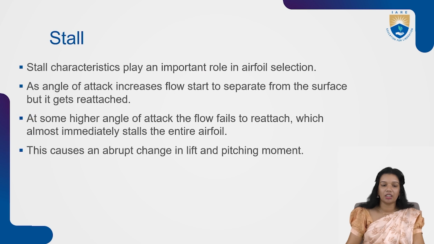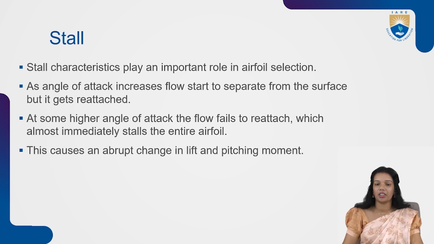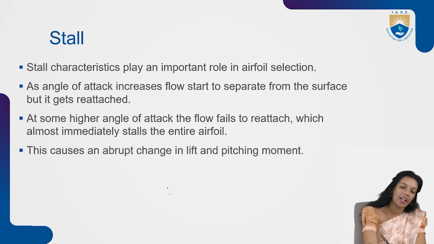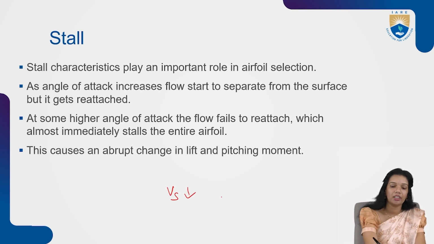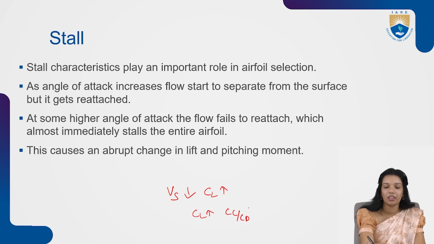Then stall, right? Stall is very important during airfoil selection, because among the factors affecting selection we said that cruise speed is important, and stalling angle or stall speed is also important. Only if I have a lesser stall speed should I be able to increase my CL, because at the end I'm expecting CL or CL by CD to be a maximum.